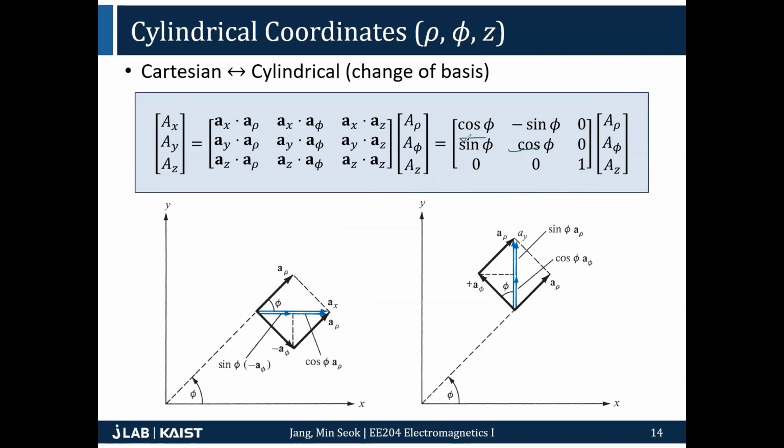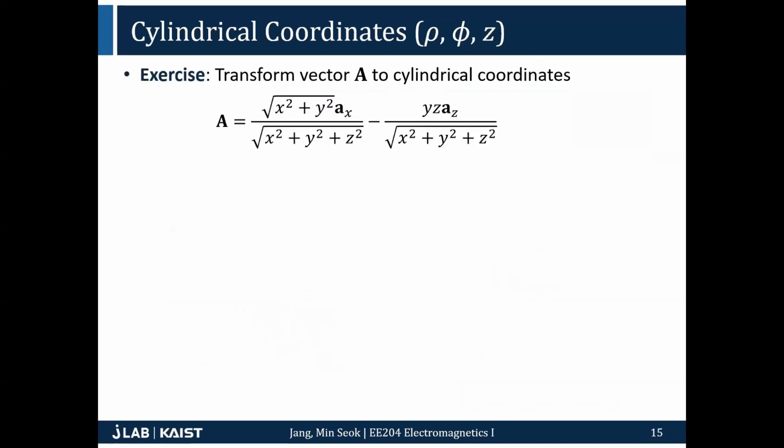Then this is done. Okay, so keep in mind there are two things. One is transformation of coordinate variables, and the second is the change of basis. You need to do both in order to complete your coordinate transformation.